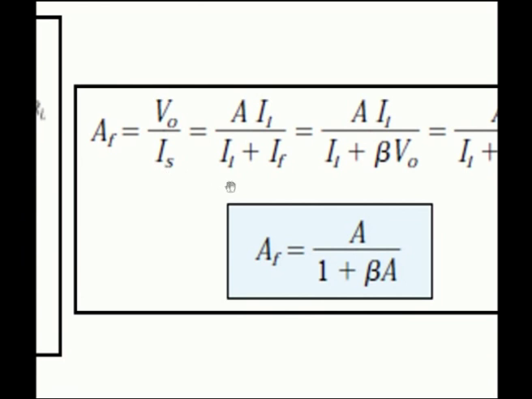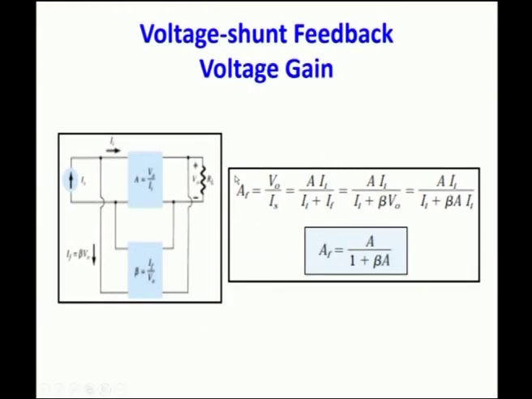If you see the gain of the total circuit, the gain with feedback AF is V naught by Is. V naught can be calculated from the gain of the amplifier as A into Ii. So, A Ii by Is. You can derive what Is is here. It is the current flowing through this node, and these two currents are away from the node.